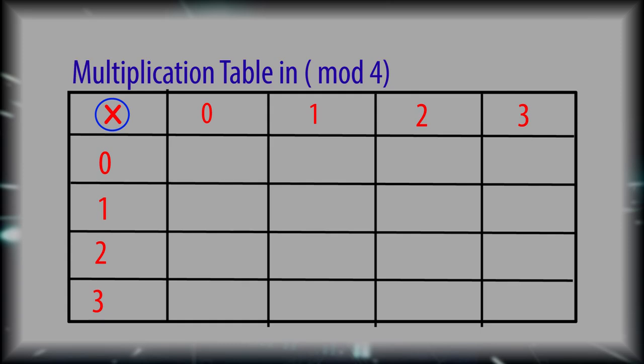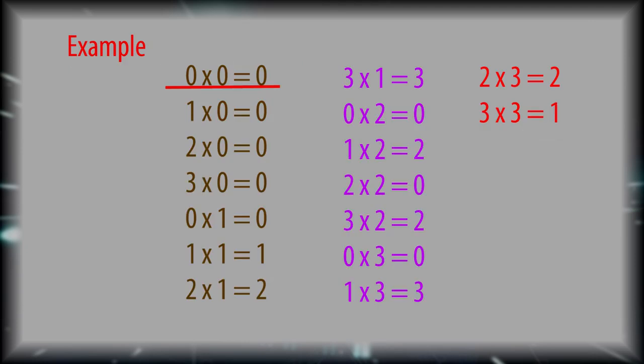Then just below the multiplication sign, we'll have our remainders again. Now, the answer that goes into each of these boxes is what you get when you multiply the number at the top with the number at the side and convert your answer to mod 4. For example, 0 times 0 is 0.